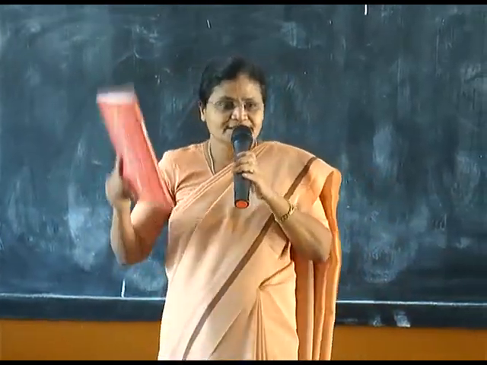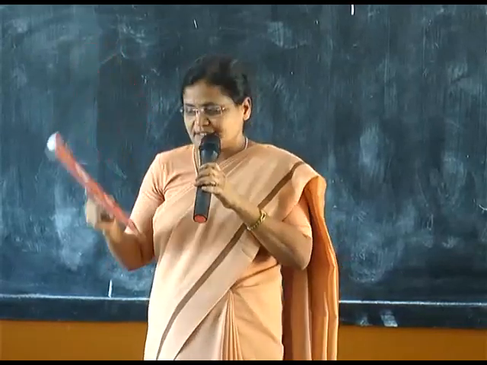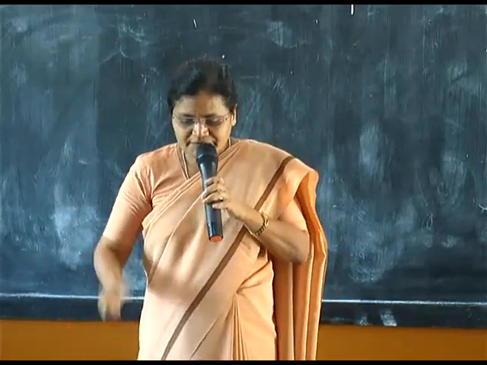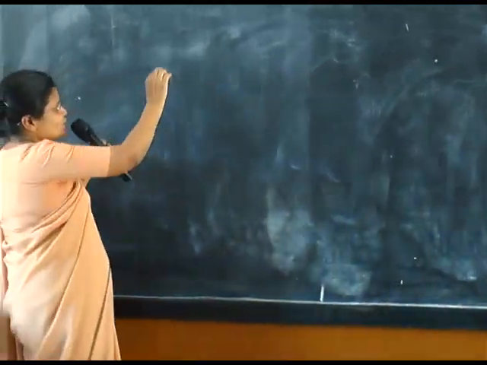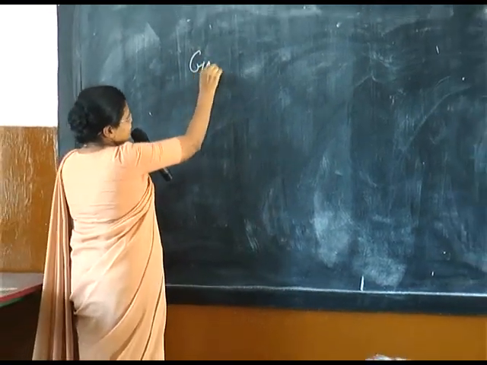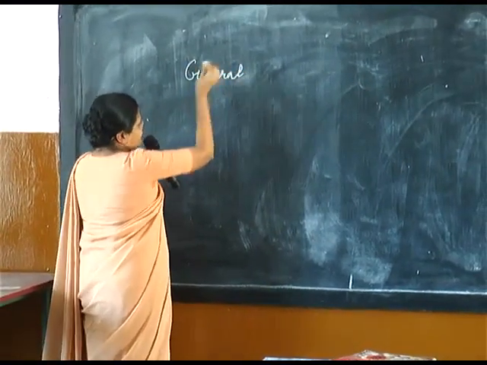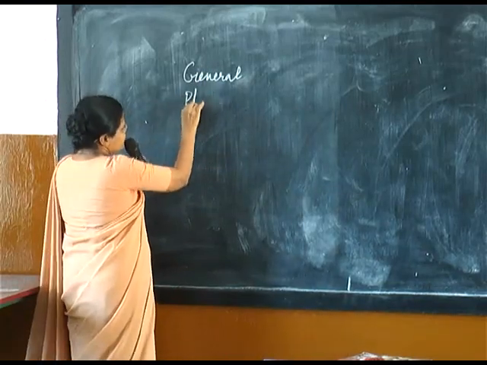Let me get you connected with the total book. We have already completed 4 chapters. However, let me divide the whole book into 4 different parts. The first 4 chapters are general in nature. The next 3 chapters refer to plant physiology.